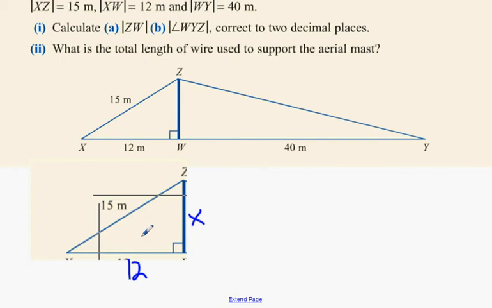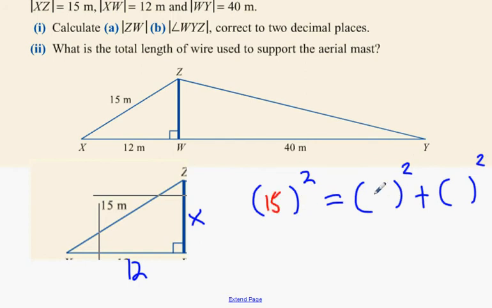Pythagoras' theorem, guys. The longest side squared equals the smaller sides squared and added together. So what ones are squared and added together? Equals. Okay. 225 equals 144 plus x squared.